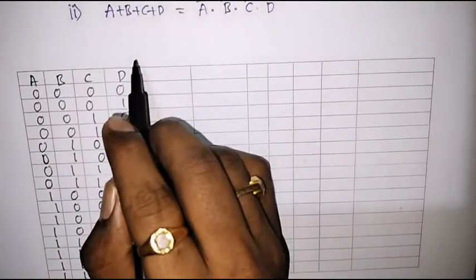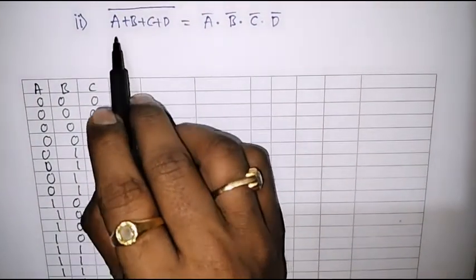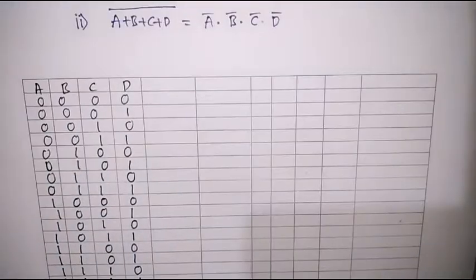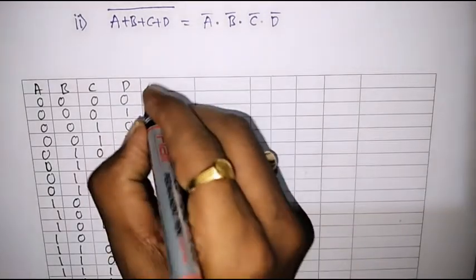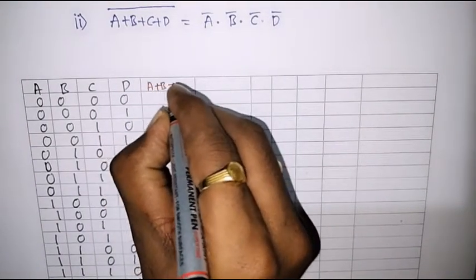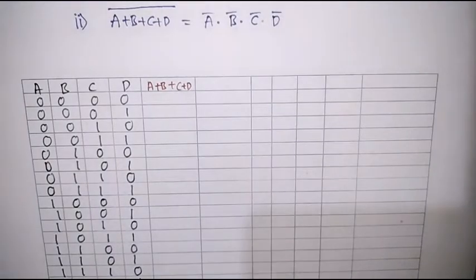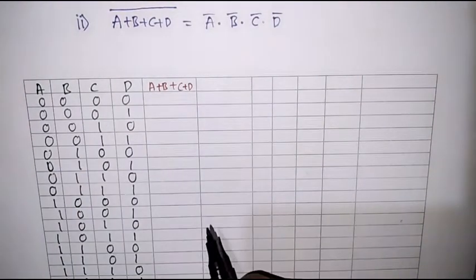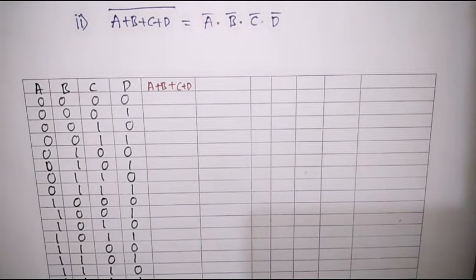Now let us perform. On the left hand side we have (A plus B plus C plus D) whole bar. First we'll perform A plus B plus C plus D, that is performing the ORing operation between all variables. We know that it's a logical OR operation. The output of logical OR is 1 when any one of the inputs is 1.